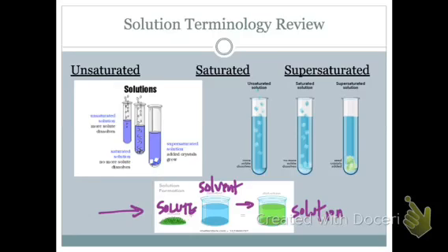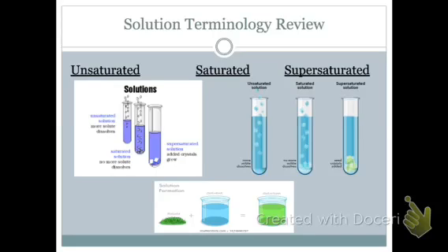Now once you have solutions, well, then you've got to be able to describe them as unsaturated, saturated, or supersaturated. So you've got 2 pictures there that hopefully help paint the picture. An unsaturated solution can dissolve more solute. It doesn't have all that it can dissolve. A saturated solution means that it's dissolved all the solute it can.